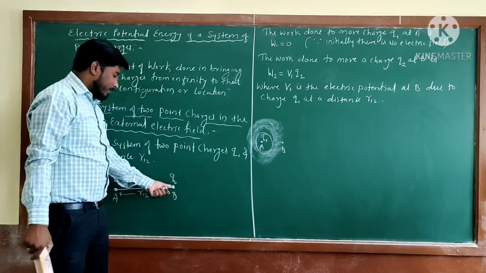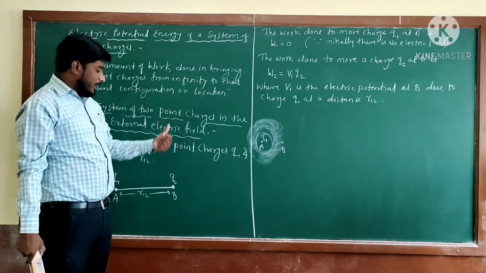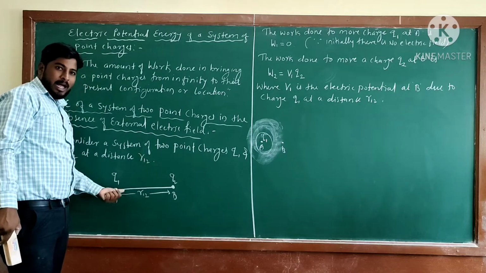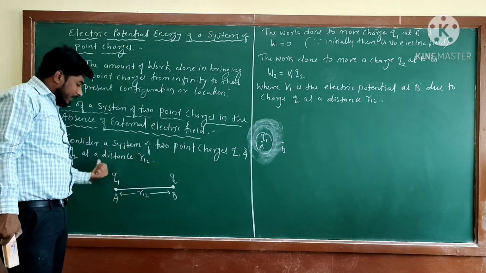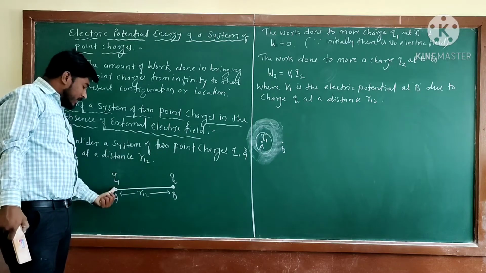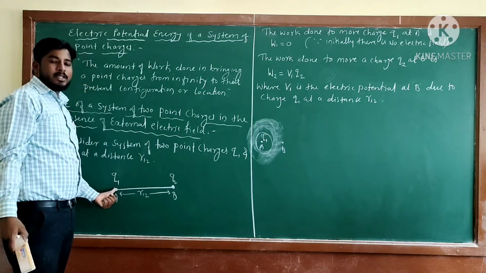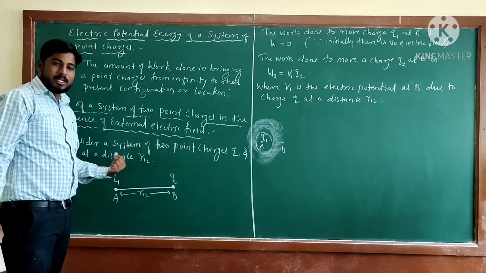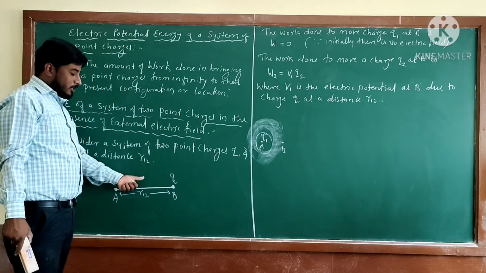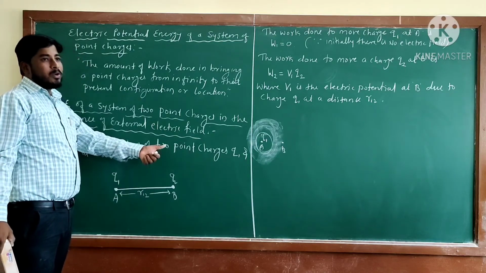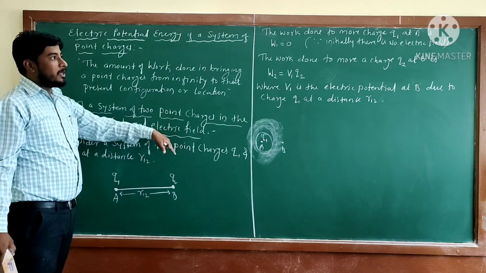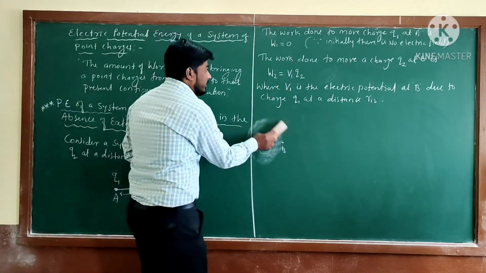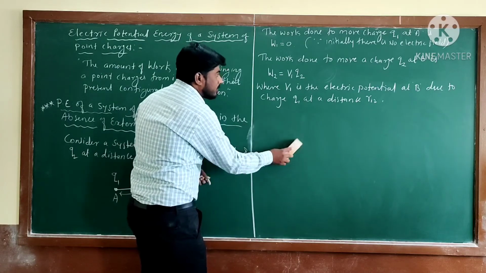Q1 is already present, and due to it there is an electric field and a potential at a certain point. So the work done to move the charge Q2 from infinity to B is given by W equal to V1 into Q2.